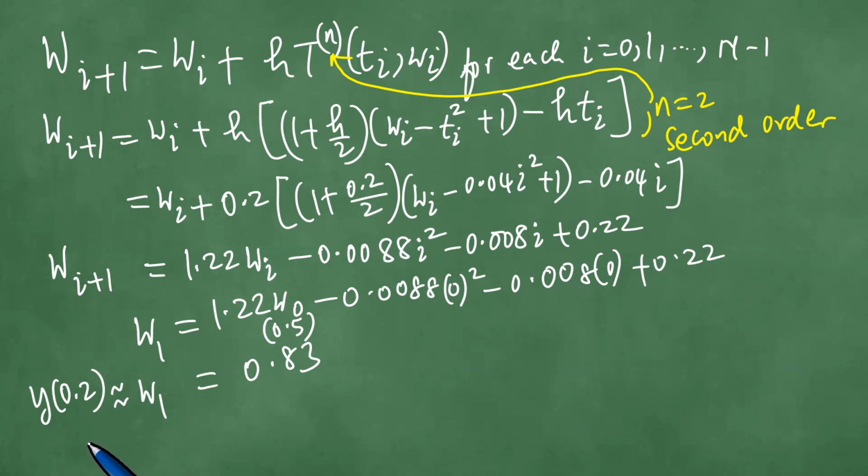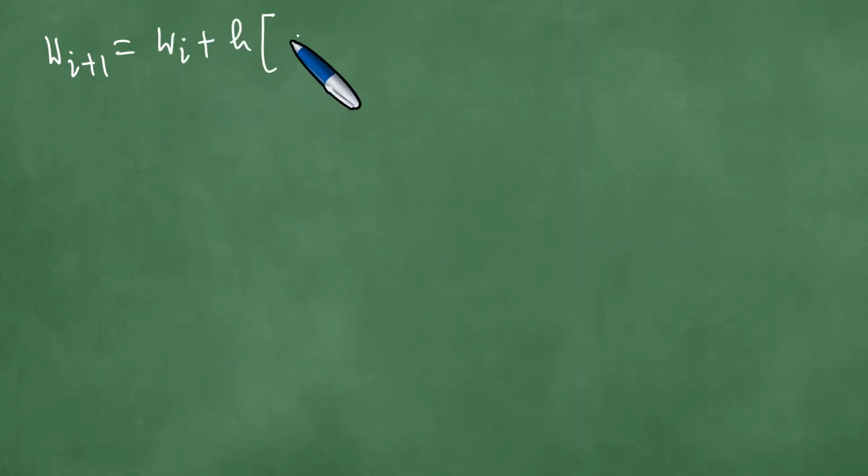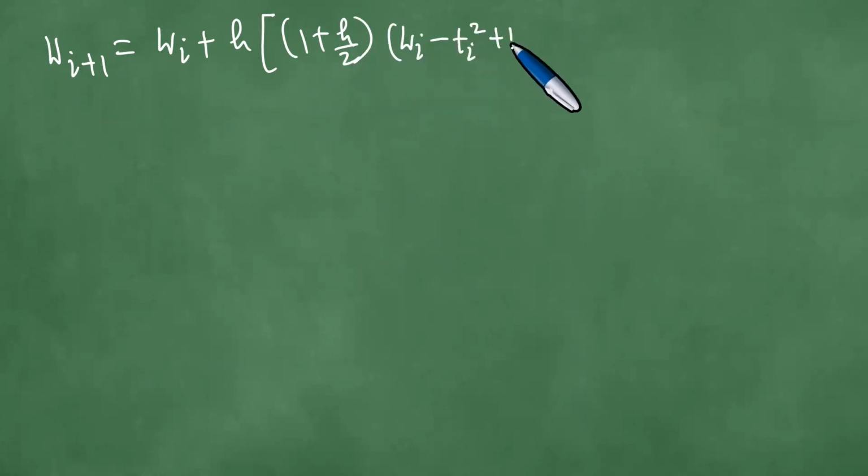So we're going to do, this is W1. Let's do W2. So Wi plus 1 is the same as Wi plus h. This is the formula we got. Squared plus 1 hTi.